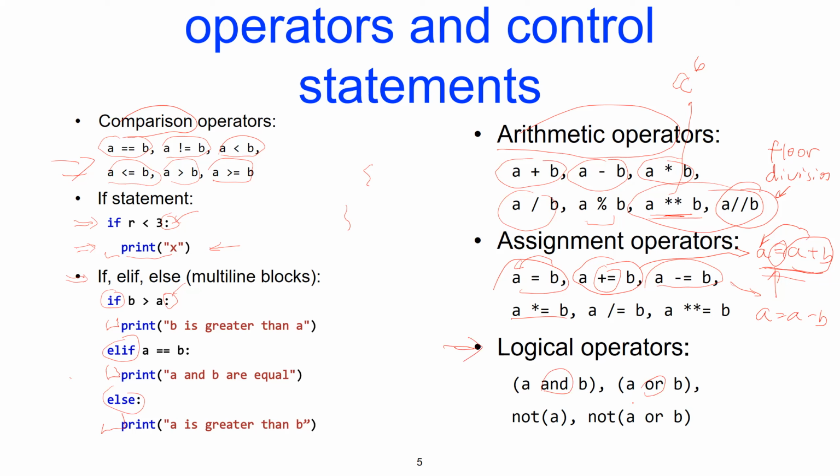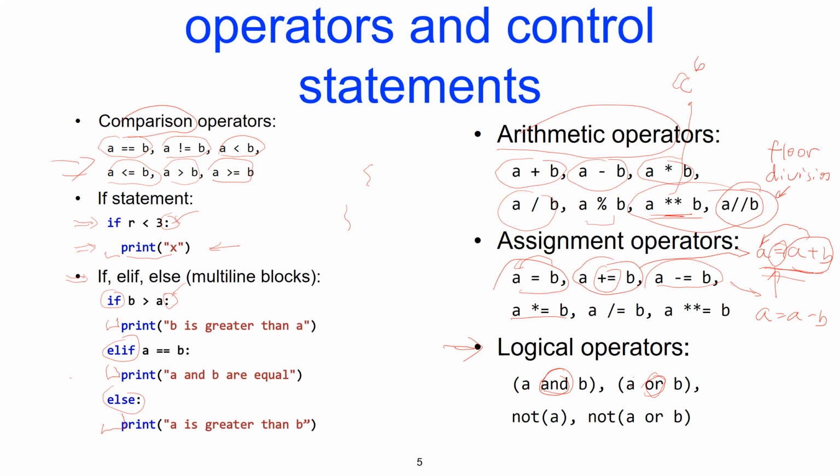Here a and b are two Boolean variables or Boolean statements, right? If we want to check that a is true and b is true, we have to say a and b. And if I want to check whether a or b is true, basically one of them is true, we will use or.